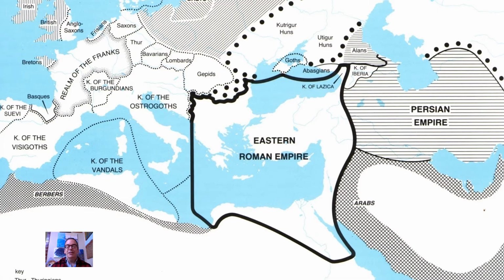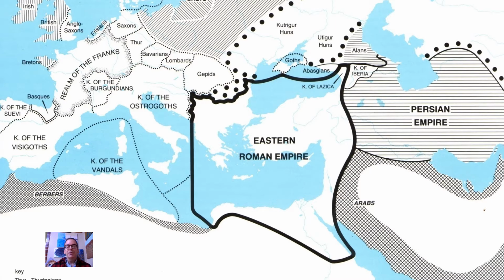Now, he has a really interesting story because what you're looking at here is the map of the Eastern Roman Empire. You can see where the boundaries are for this. And of course, the last time we talked about the fall of the entire Roman West to all of these invading people, or the people who were, in some cases, escaping the Huns.